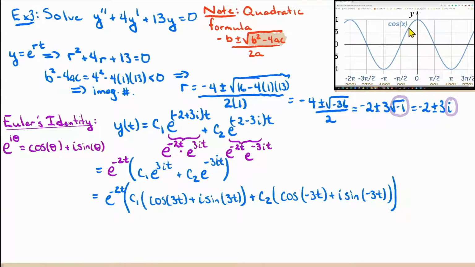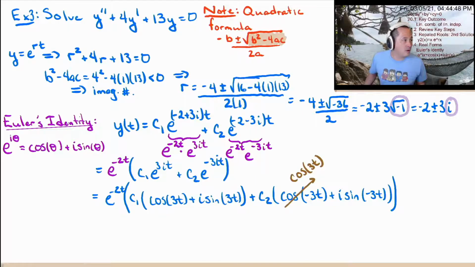I'm going to be at this height on cosine. How is that different than going out the positive amount in the x direction? Well, I'm at the same height. So does cosine care if I plug in a positive number or a negative number? Does it notice that at all? Another term for that is even. So the cosine of negative 3t, you're going to get the same outputs as if you would put in cosine of 3t. So we use the even symmetry of cosine to clean that up.